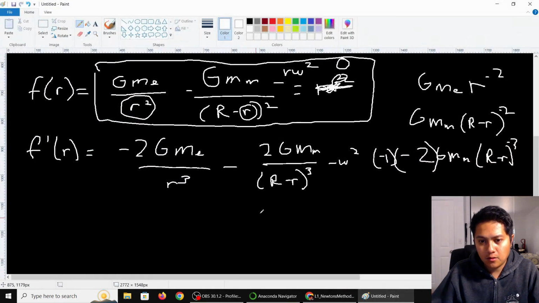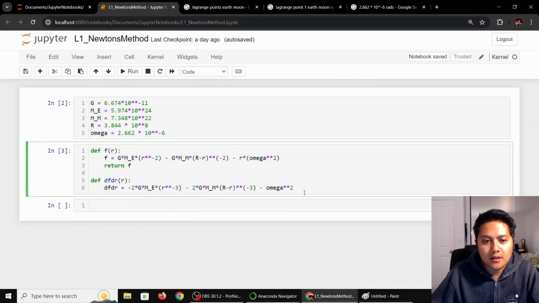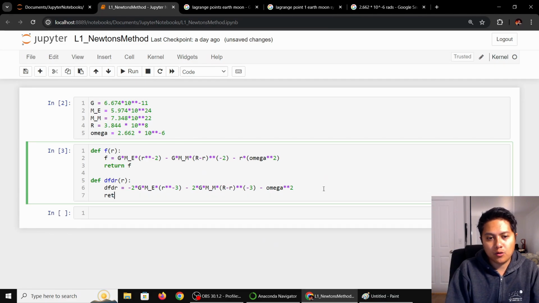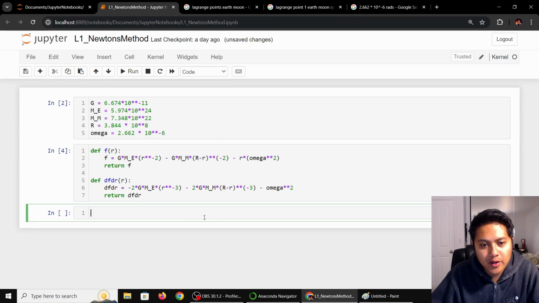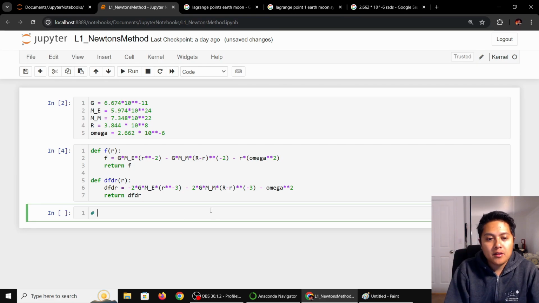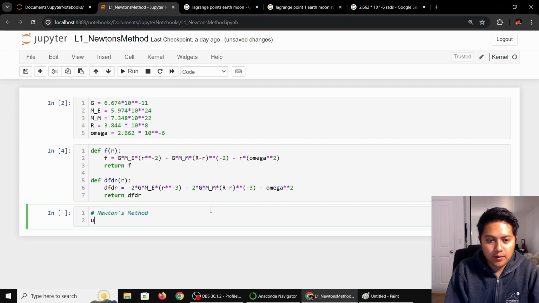That's just it. Okay, so that's the derivative, and then we'll return dfdr. Okay, so we've got the function, we've got the derivative. Newton's method, right? Newton's method uses the following update rule.